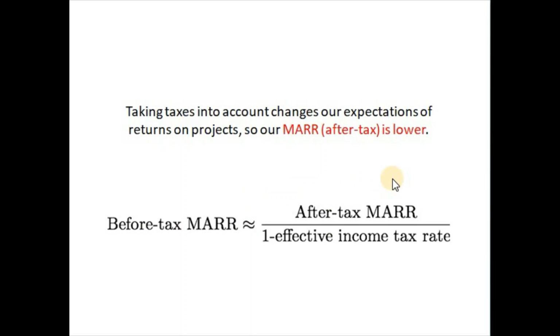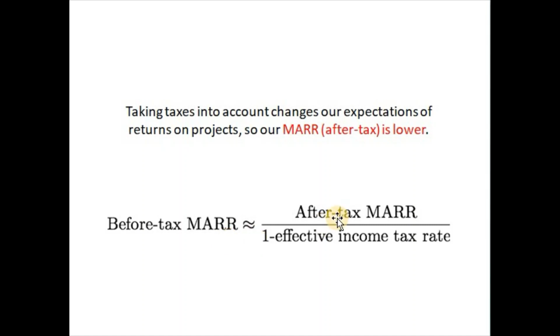Which one do you expect to be greater, the before-tax MAR or the after-tax MAR? Let's say before applying the taxes, I asked for a MAR of 10%, and the present worth at 10% was positive, so this was a good investment. After applying the taxes, can I still calculate the present worth at 10%? No, I should expect that the interest should be less.